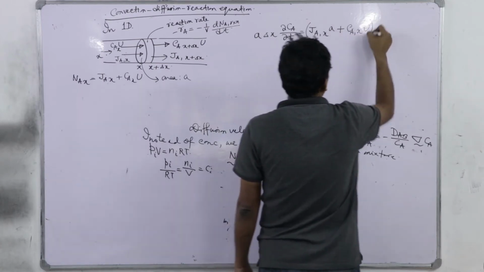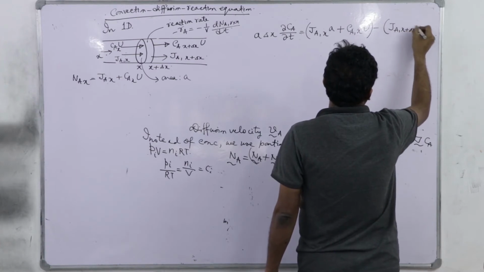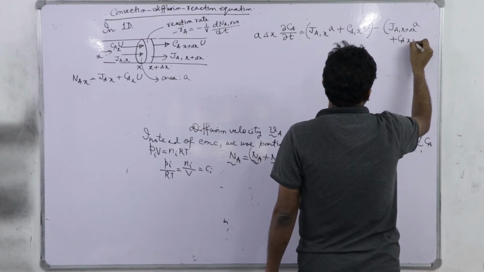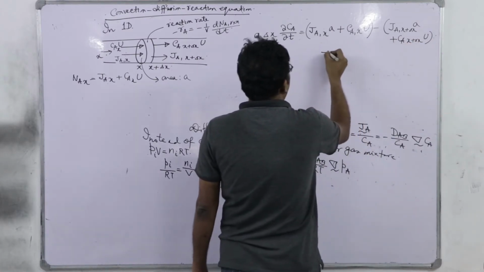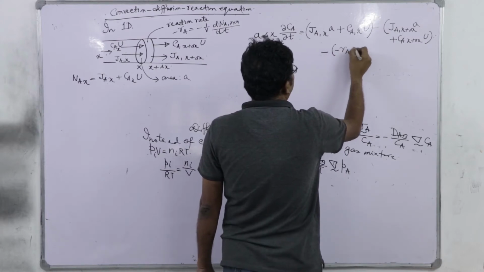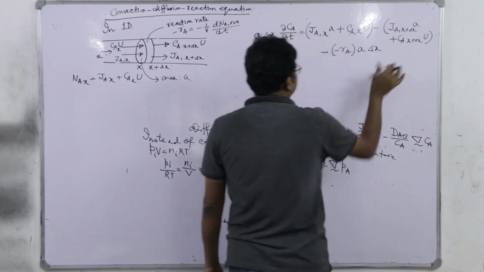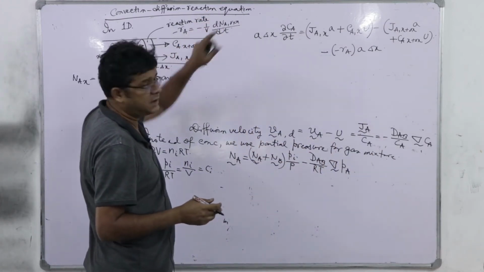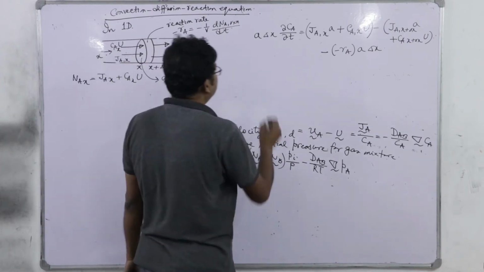That is the inflow, minus outflow, J_A at x plus delta x into A plus C_A at x plus delta x into U, and minus R_A into A into delta x, that is the overall consumption over this differential shell.